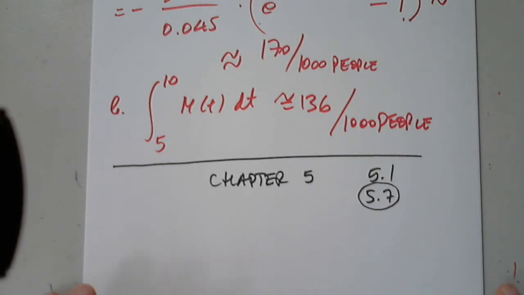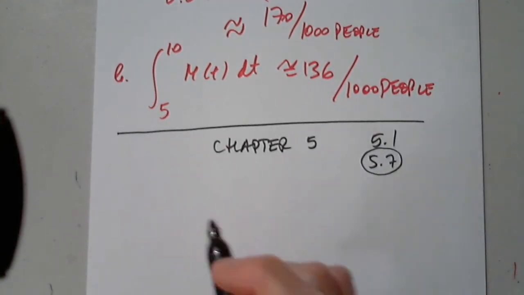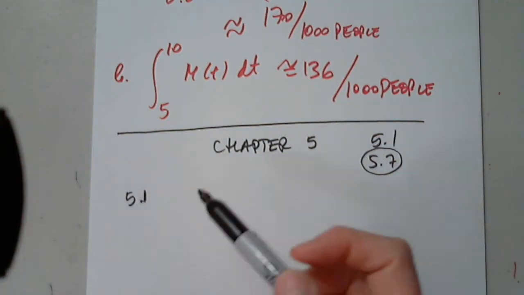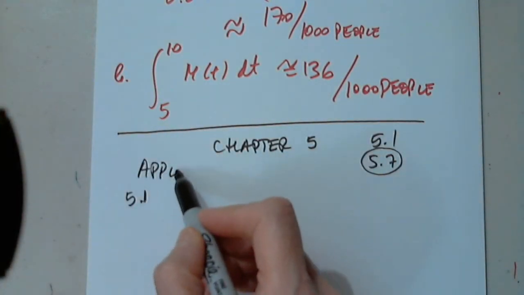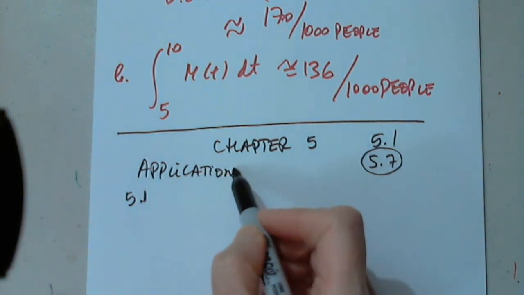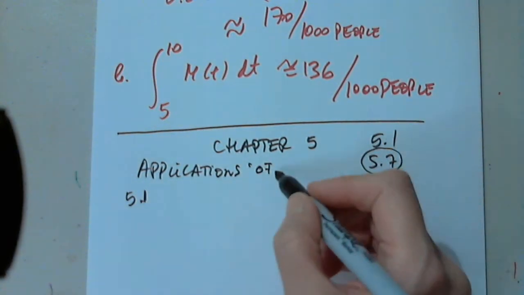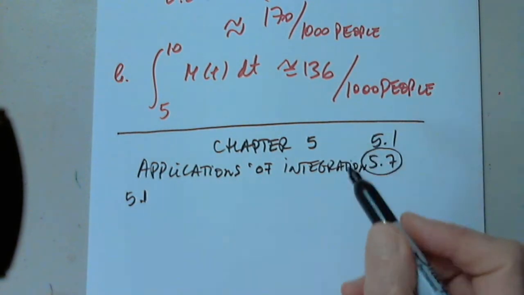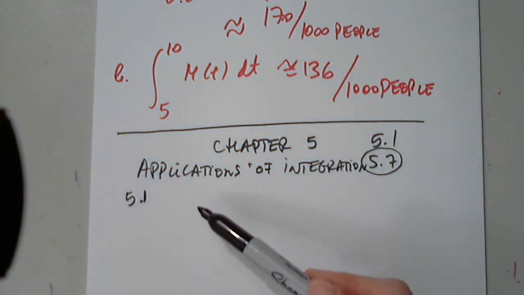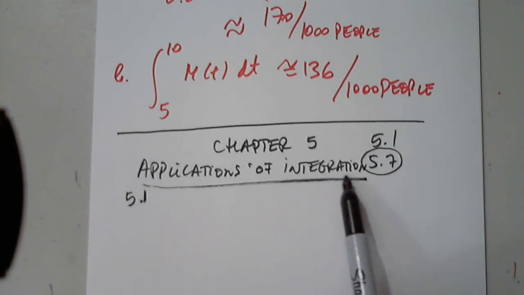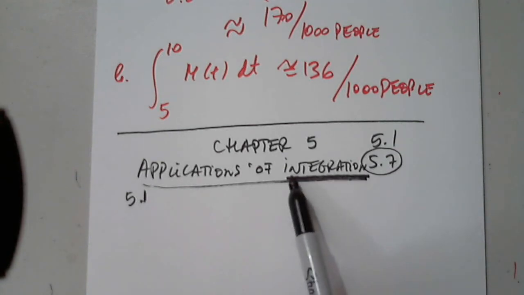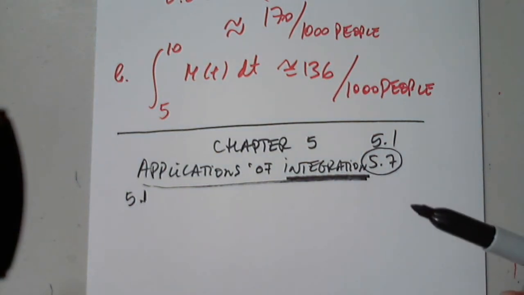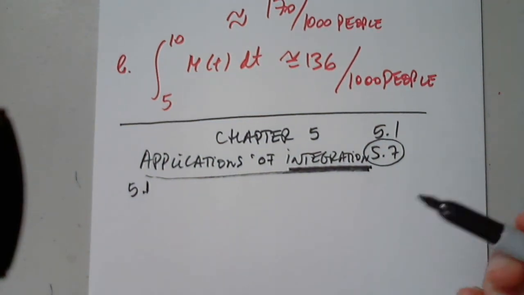Okay, so let's go back to 5.1. These are applications of integration now, right? That's why chapter 5 follows chapter 4. In chapter 4, we learned how to integrate definite and indefinite integrals, and what they mean. The definite means an area.